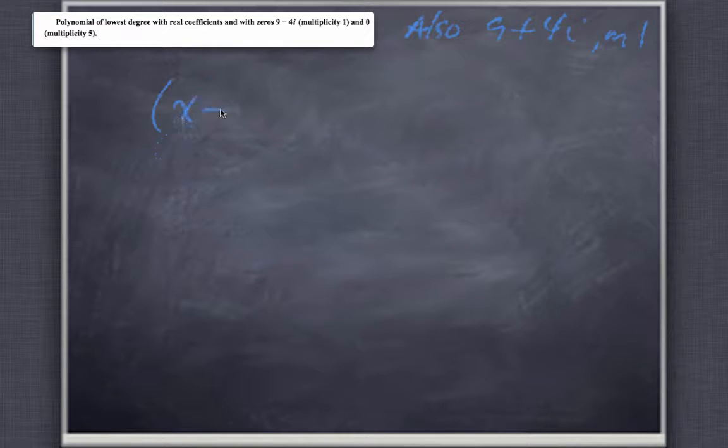So we have x minus 9 minus 4i and x minus 9 plus 4i, and then x minus 0 five times.